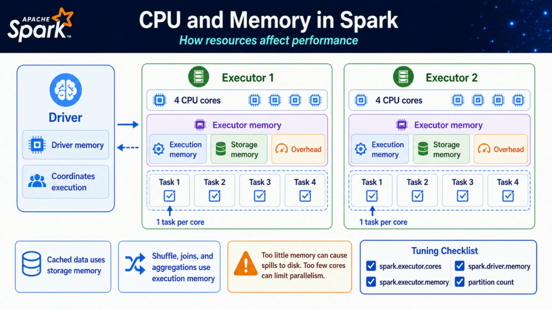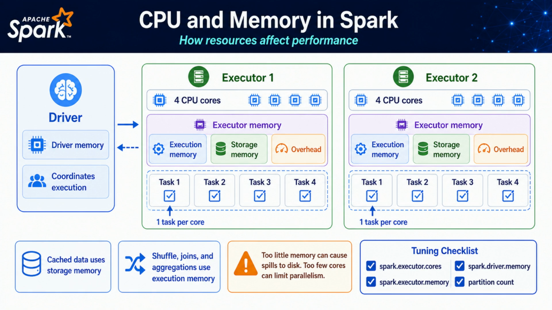Spark performance is closely tied to the availability and efficiency of CPU and memory resources. The driver, which acts as the central coordinator for the Spark application, requires sufficient memory to manage the application's execution and store metadata about the data being processed. However, the majority of intensive computational tasks are carried out by the executors, which are the worker processes responsible for executing tasks on the cluster.